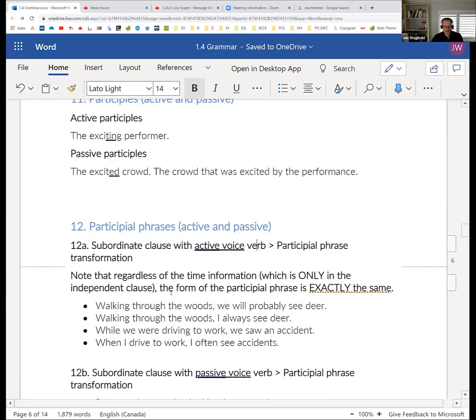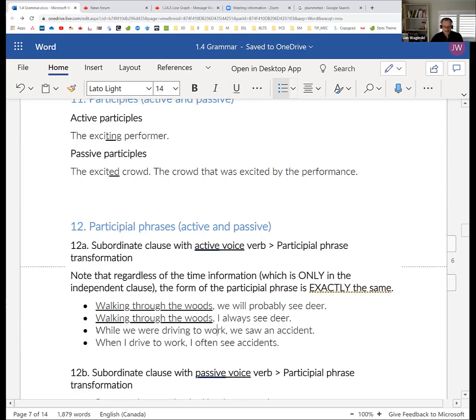Okay, and as we mentioned before, the time information is only in the independent clause. So if I have this sentence, walking through the woods, we will probably see deer. So this is future. Walking through the woods, I always see deer. This is present simple. This is the same. Okay.